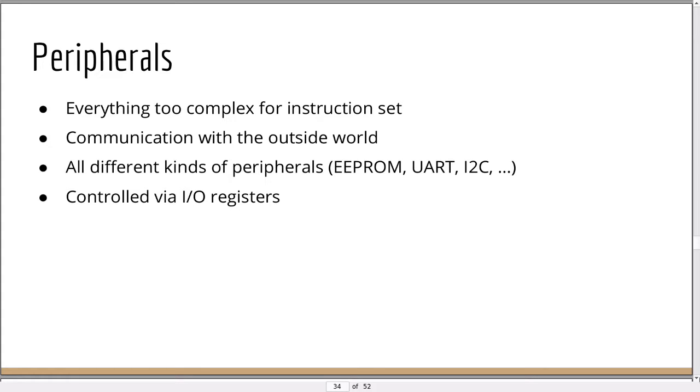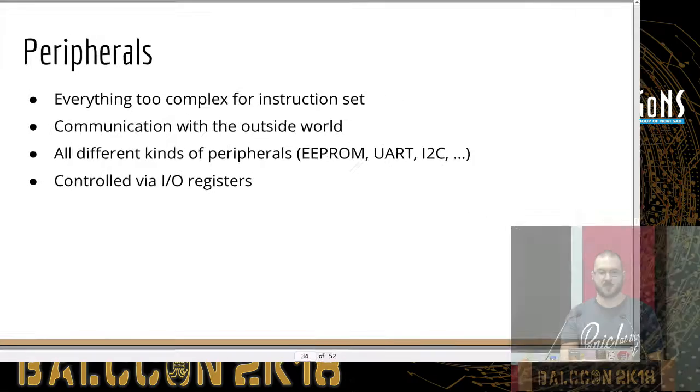Now you can't do much with the instruction set alone. If you implemented all instructions, as in the instruction manual, you'll still need some way to communicate with the outside world, or to perform some operation that is too complex to be included in the instruction set, for example, setting some processor settings or the watchdog timer.